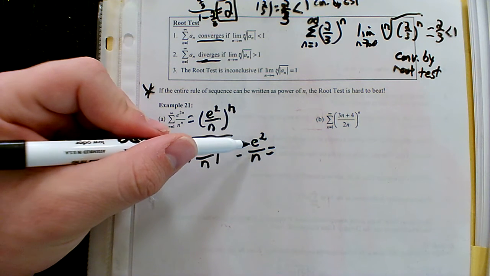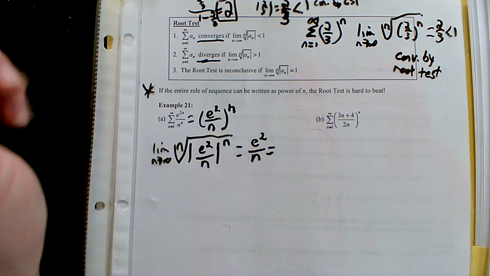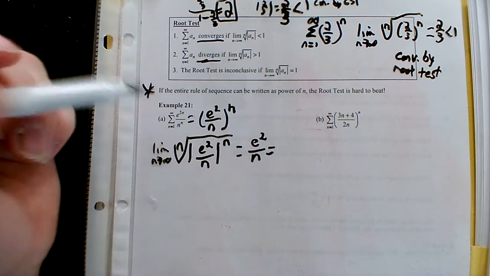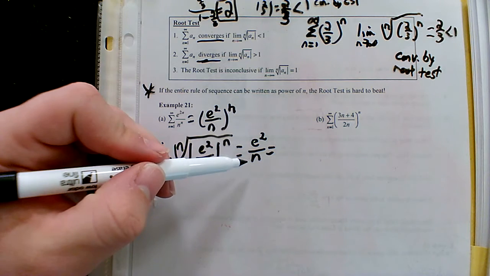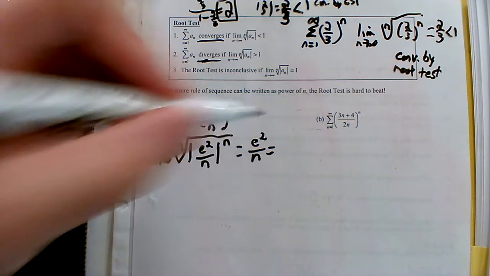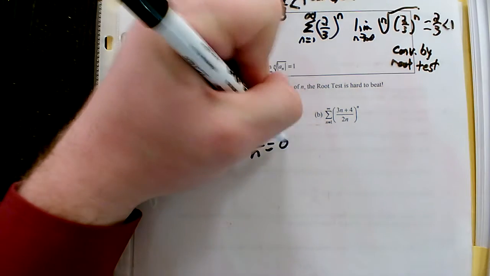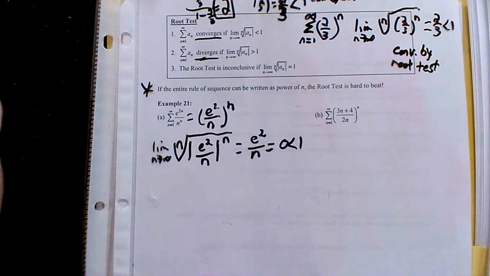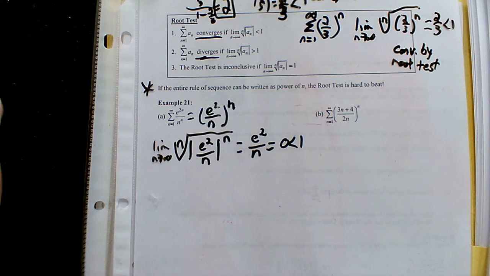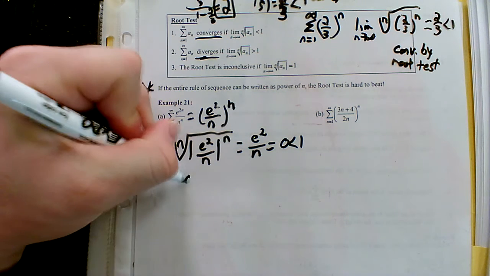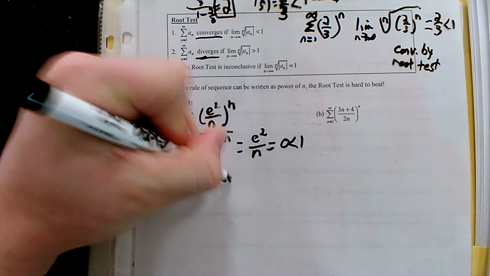Look carefully. No, it's just e squared. e squared is some value. Is the bottom growing? Yeah, so what is the limit? 0, and that's less than 1, so what can you conclude? Converges by root test.